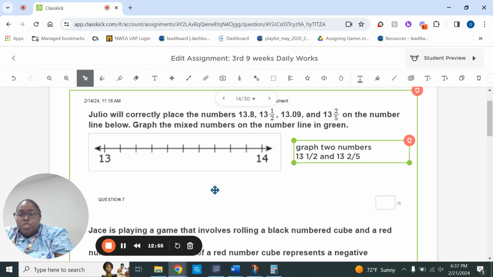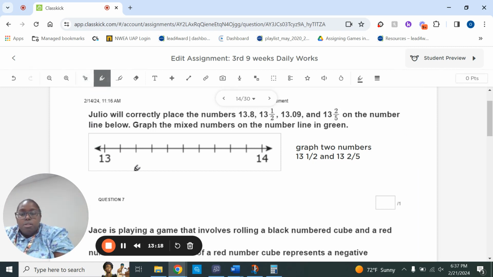If I'm trying to get to 10 and I have to count 10 times, I'm counting by 1. But this is not a whole 1. This is a decimal 1. But I'm going to do the fraction version.